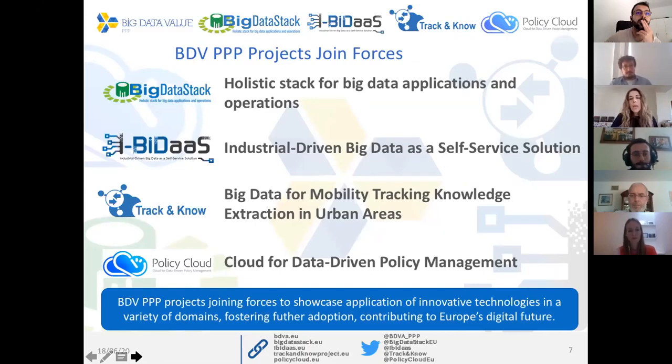Actually, Policy Cloud is in the first year, and the aim here is to show the adaptability of the mature technologies developed in BigDataStack project to the policy domain sector. So all these projects join their forces to show their application in different domains like finance, telecommunication, manufacturing, shipping, insurance, healthcare, and so on and so forth.